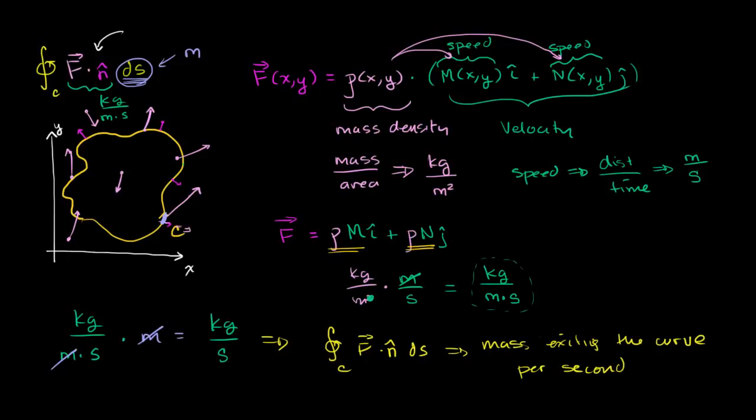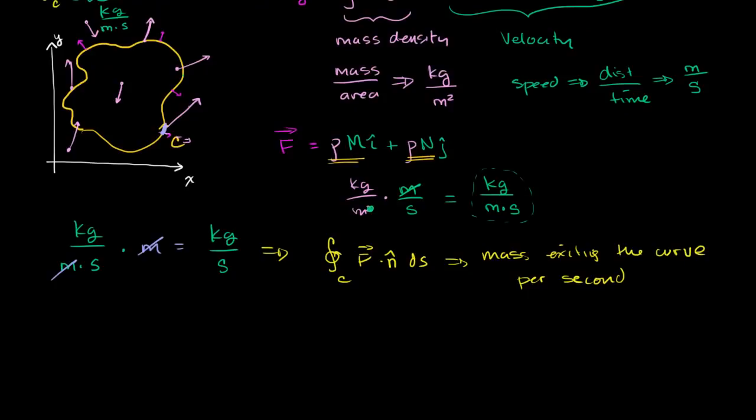And this should also be consistent. In the last video we saw that this is equivalent to, and this is where we view it as a two-dimensional divergence theorem, the double integral over the area of the divergence of f.